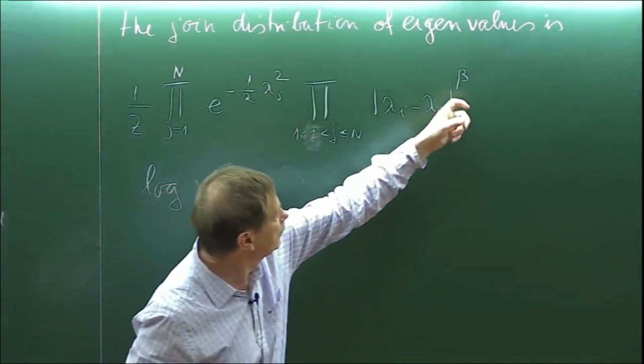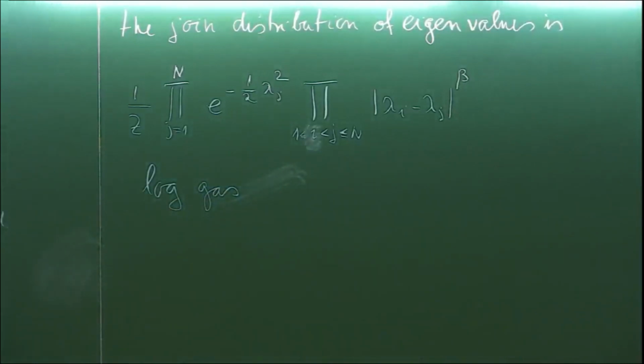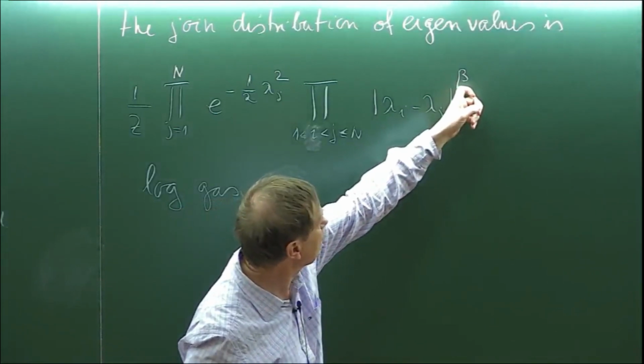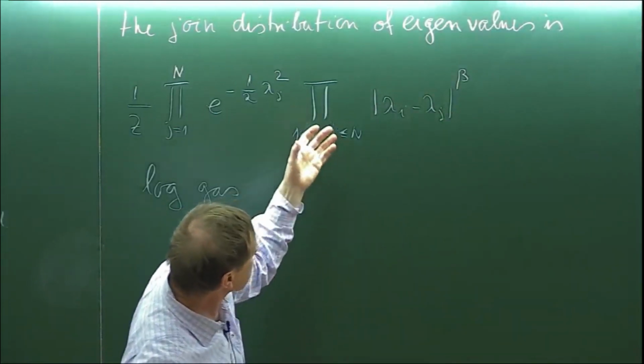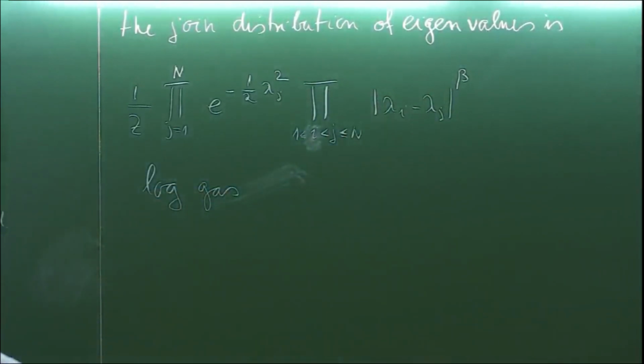So if I put beta equal to 2, this would be the famous eigenvalue distribution of the Gaussian unitary ensemble. And if I put beta equal to 4, then I would have the symplectic. Beta equal 1 would be the orthogonal. And the amazing point about their formula is they have a formula for any beta. Okay? So it's just a result.